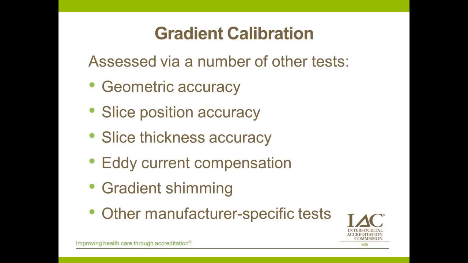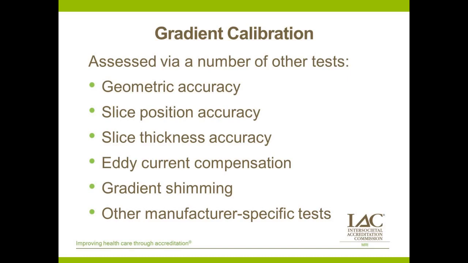Gradient calibration has to be dialed in for geometric accuracy to be good. But gradient calibration goes beyond just geometric accuracy. It is also going to affect things like slice position and slice thickness. Eddy current compensation is a big part of gradient calibration, and so is gradient shimming, right? So graphity is a manufacturer-specific term for an eddy current compensation.